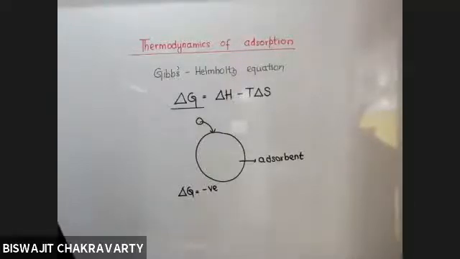So during this process, is your entropy decreasing or increasing? It is decreasing, because your randomness and disorderliness have decreased.